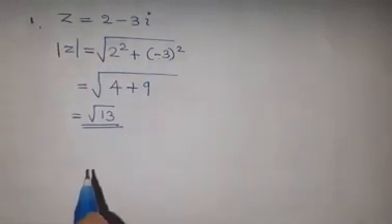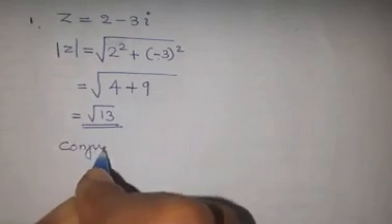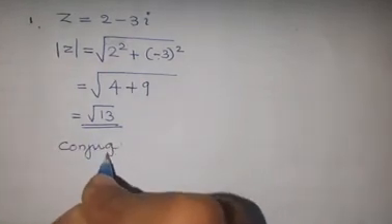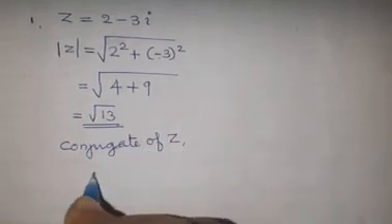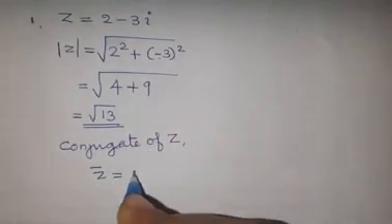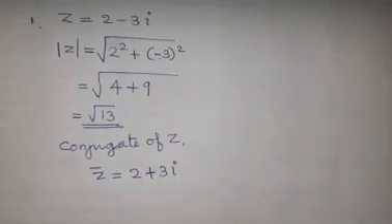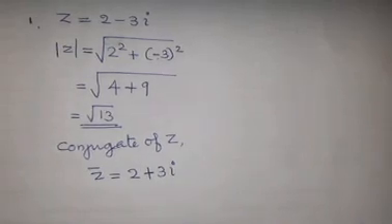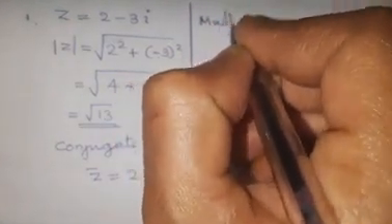ഇനി conjugate of z, z bar is 2 plus 3i. ഇമാജിനറി പാർട്ടായ മൈനസ് 3iയുടെ സൈൻ ചേഞ്ച് ചെയ്ത് പ്ലസ് 3i ആക്കിയപ്പോൾ കോഞ്ചുഗേറ്റ് കിട്ടി. നൗ മൾട്ടിപ്ലിക്കേറ്റീവ് ഇൻവേഴ്സ്.